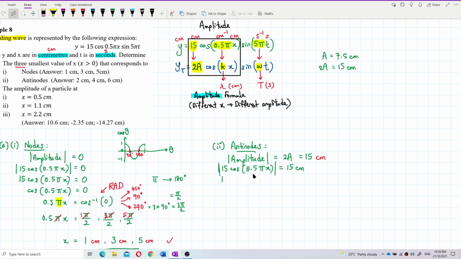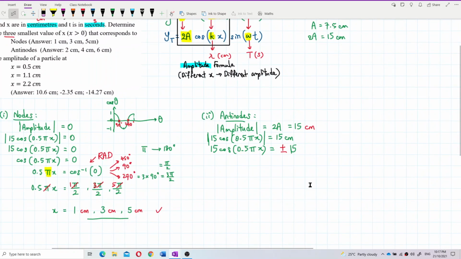Now remove the modulus. You will get positive negative 15. Remember to write the positive negative sign, because you already removed the modulus.